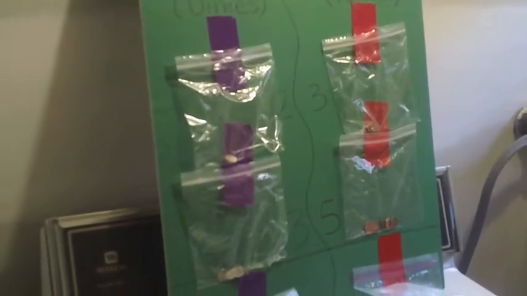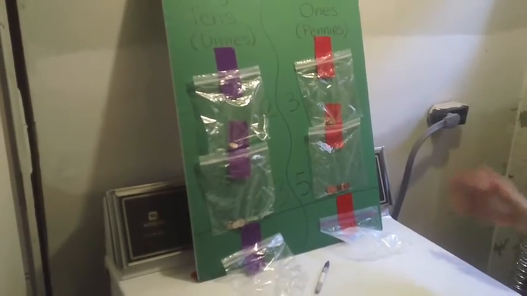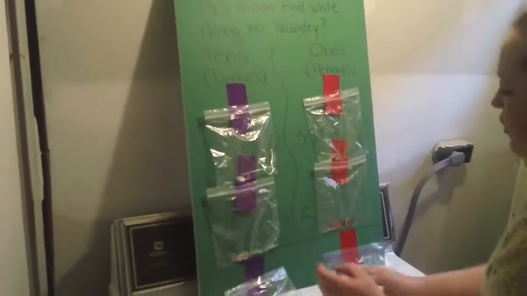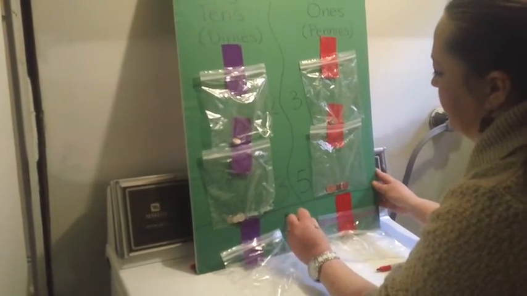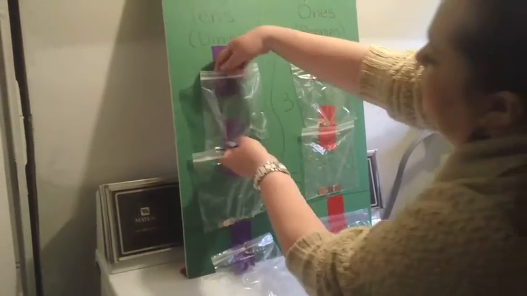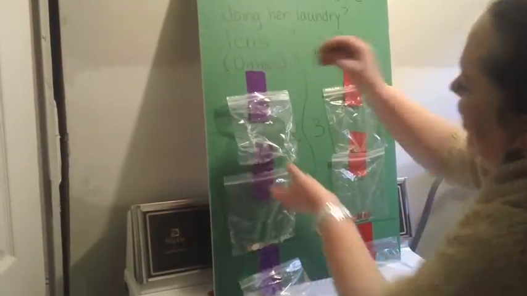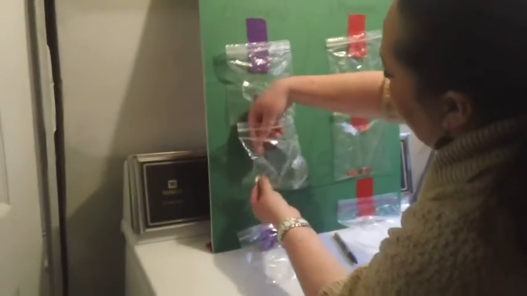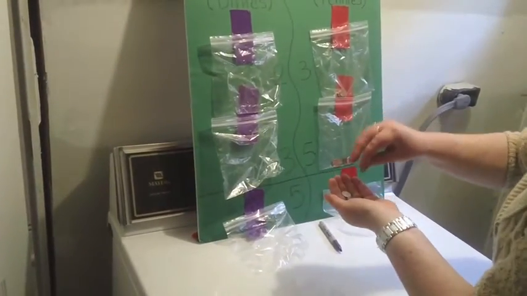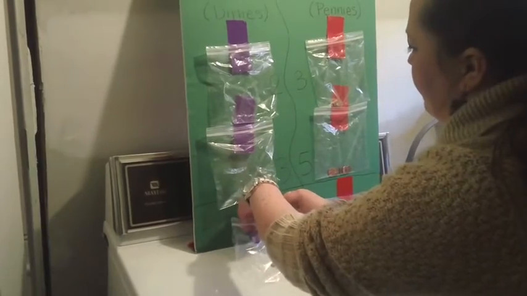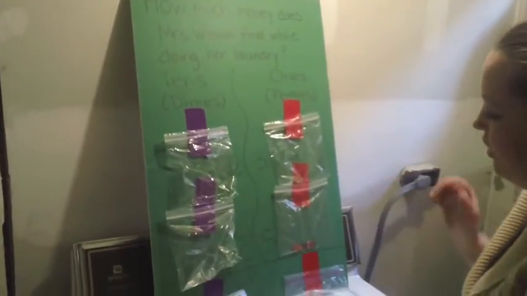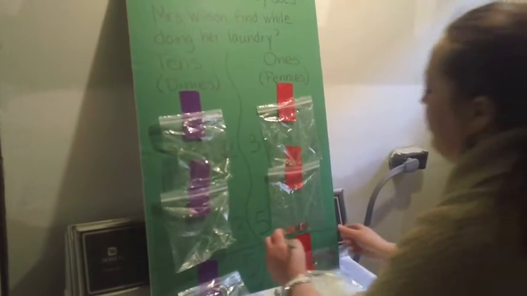So, like I said, I want to add my dimes first, or start in the tens column, and I have 20 plus 30 is 50, or I can count my dimes. I have 2, 3, 4, 5, 50 cents, and then with my pennies I have 3 and 5, and I know that 3 plus 5 equals 8.